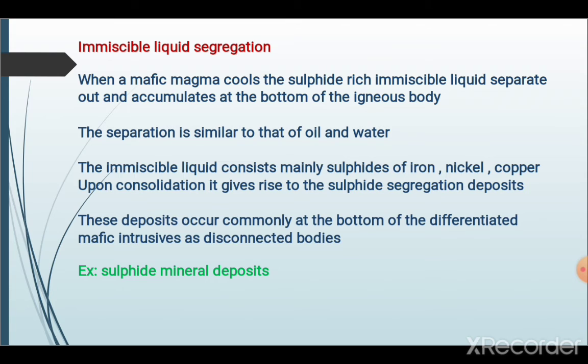The immiscible liquid consists mainly of sulfides of iron, nickel, and copper. Upon consolidation, it gives rise to the sulfide segregation deposits. These deposits occur commonly at the bottom of the differentiated mafic intrusive as disconnected bodies.